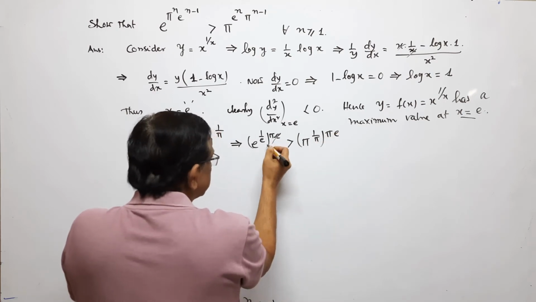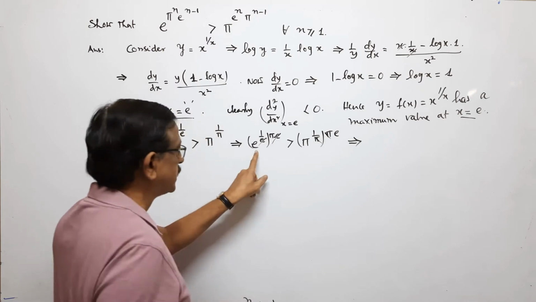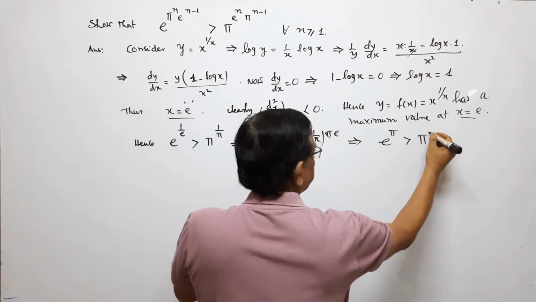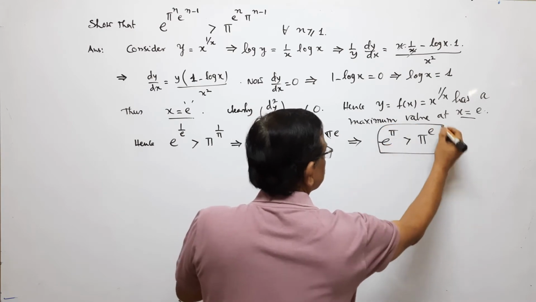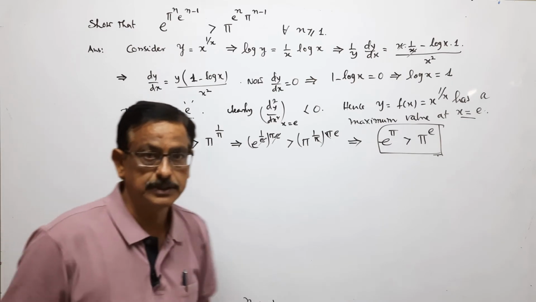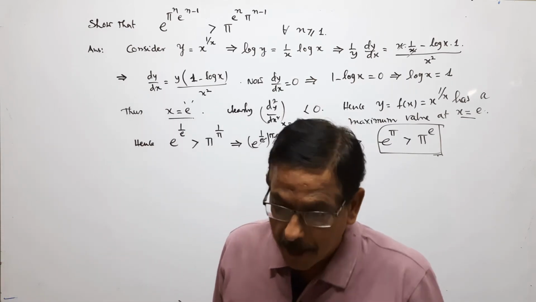Now I can cancel the e and pi. So what I get is e power pi is bigger than pi power e. This is a very crucial result for me to prove the general result. So e power pi is bigger than pi power e.